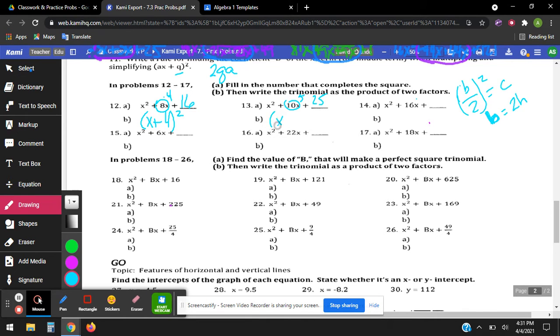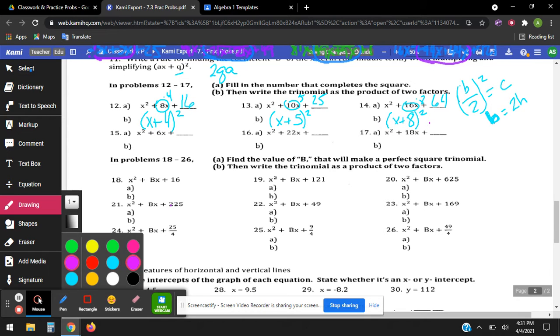So our equation is x plus 5, because that's our h. Okay, half of 16 is 8. 8 squared is 64. And that means our equation was using the 8 for that. Okay, next one's half of 6 is 3. So 3 squared is 9. So that means x plus 3 squared, which we've done in our notes.